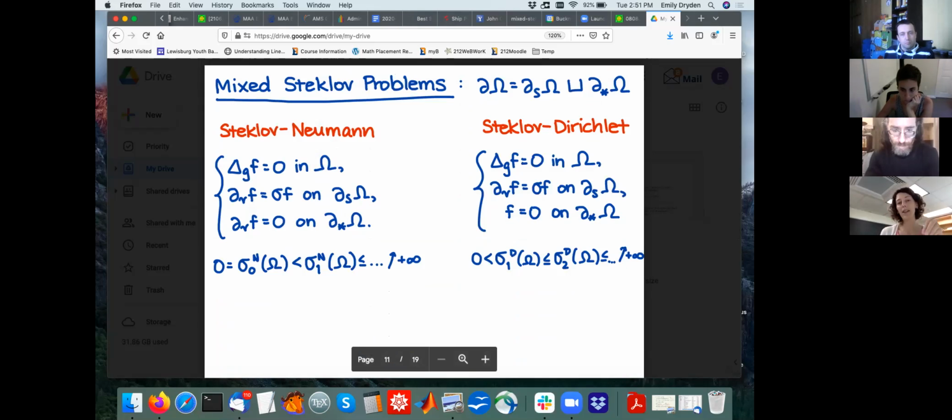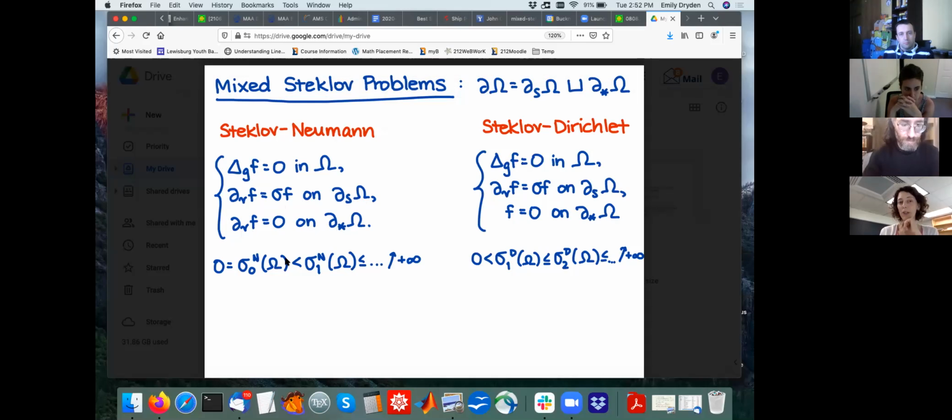And if we want to think about the rest having Neumann boundary conditions, as we have on the left, then notice what's happening. We still have our condition Laplacian of f is 0 on omega, and then we have the normal derivative on the Steklov portion is just sigma f, so rho is 1. And then we have the normal derivative is 0 on the Neumann portion of the boundary.